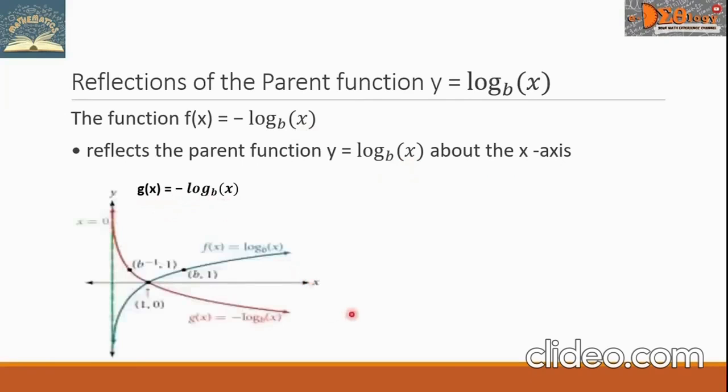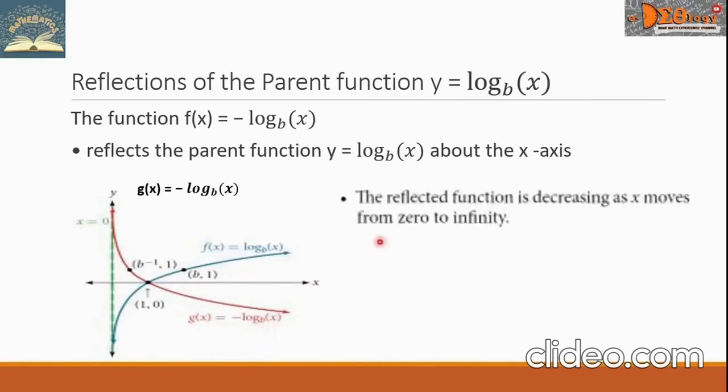Here is the illustration. We have two graphs here. This graph in blue is the graph of the parent function, while this graph in red is the graph of this g of x equals negative log of x to base b. The reflected function, g of x, is decreasing as x moves from 0 to infinity.